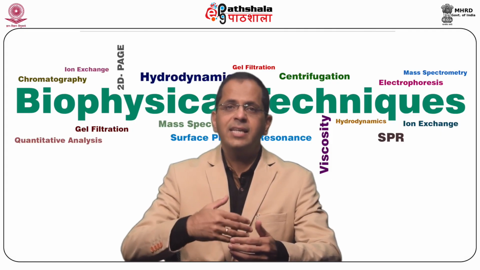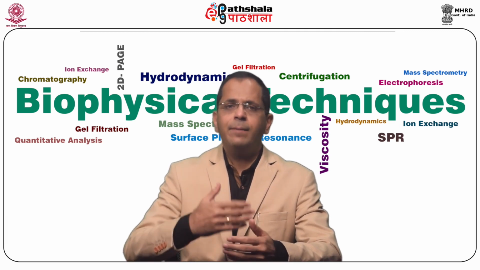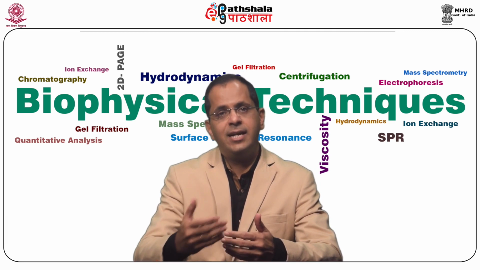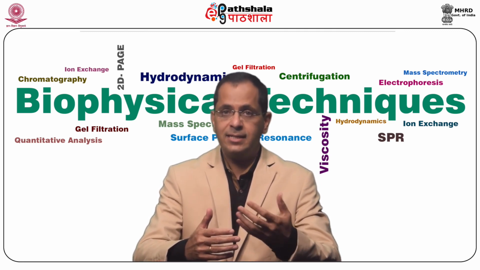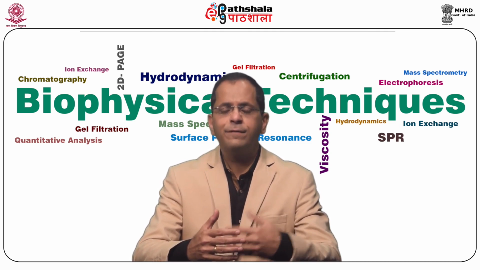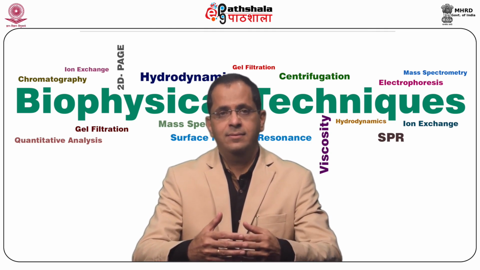Now, what are the salient features of iTRAQ labeling? It can multiplex several samples and generate quantification data. The data outcomes have increased analytical precision and accuracy. It can compare 4 or more samples in just one experiment.